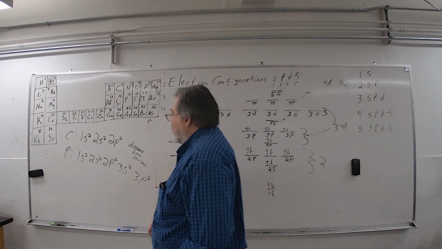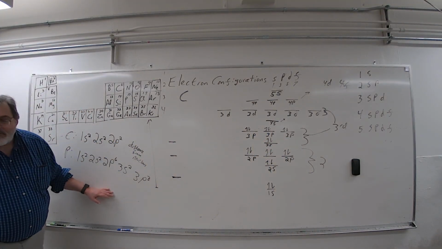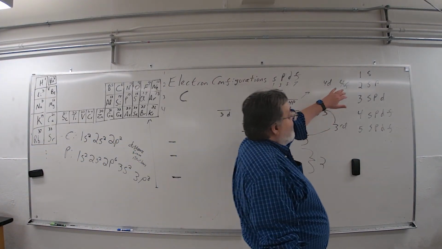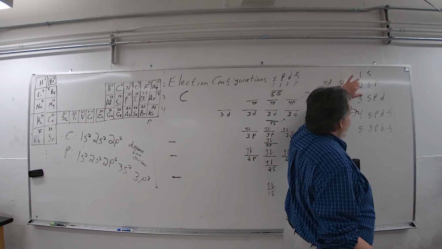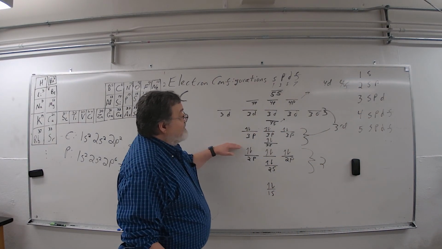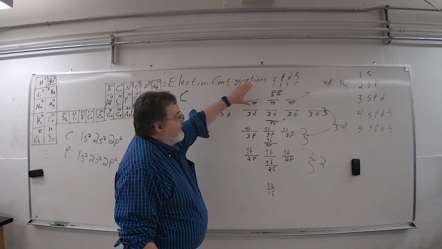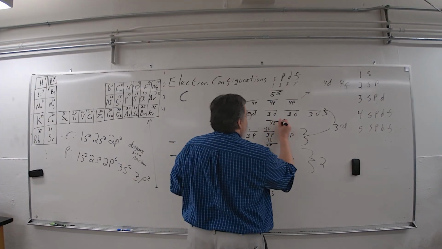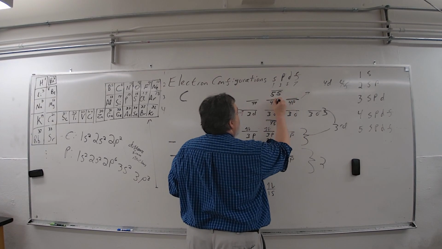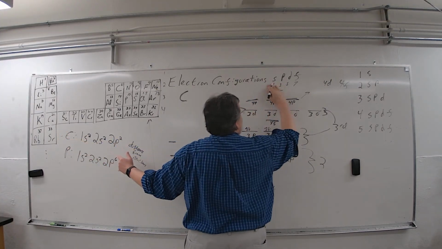By the time we get to the bottom of the periodic table, they don't go anymore. But just so you see this pattern, the first shell has only S, the second shell has S and P. The third shell has S, P, and D up here. The fourth shell, this is where they start to mix, but there's 4S, there's 4P, and yes, 5S starts next, but you get the 4D next.